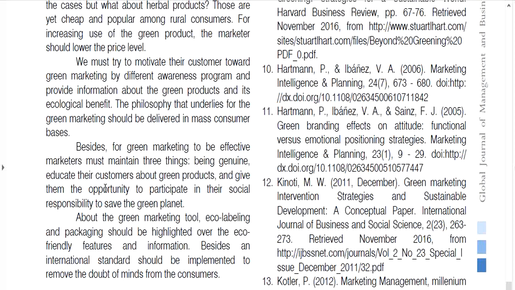So you can find a gap from here as well: how you can motivate your customers towards green marketing, and how, with the help of philosophy, you can deliver massively to your customers' requirements and needs. So you can find a good gap from here as well.